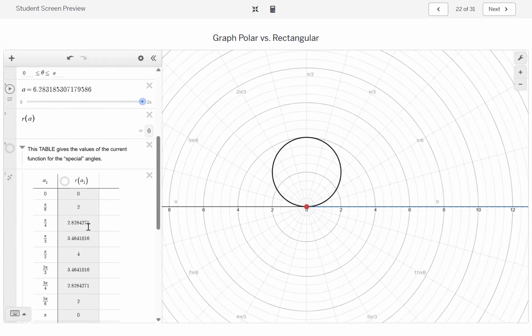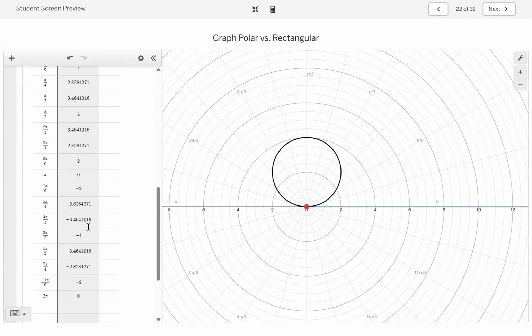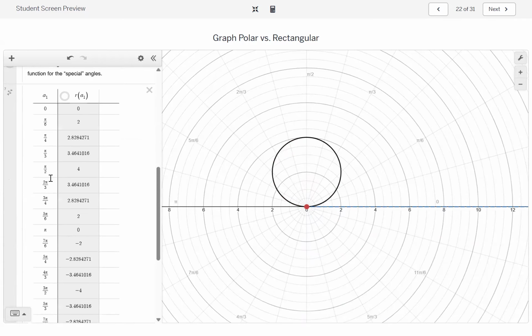Now, if we open the table here, these are our unit circle values and the function values, the polar equation values. Now, calling it a function gets a little weird in a polar sense. It's a good thought process, but it's weird. And I can actually turn these points on.